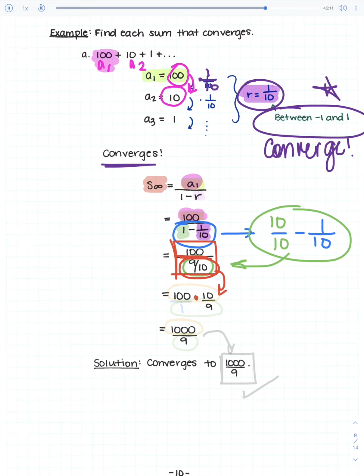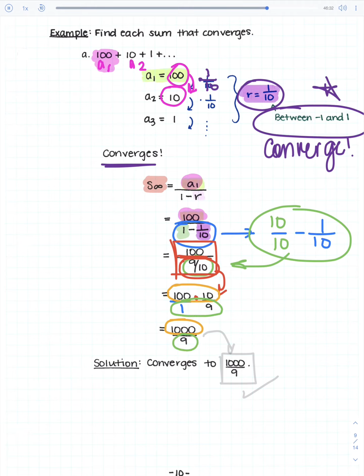Well, how do you multiply these together? Well, remember the 100 is 100 over 1. So you're going to multiply straight across the top and straight across the bottom. Straight across the top, 100 times 10 will give you 1,000. And straight across the bottom, 1 times 9 is 9.